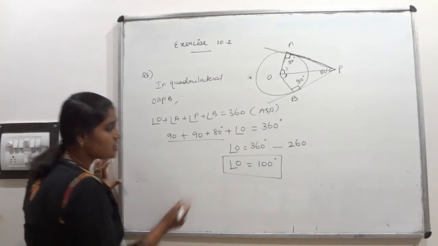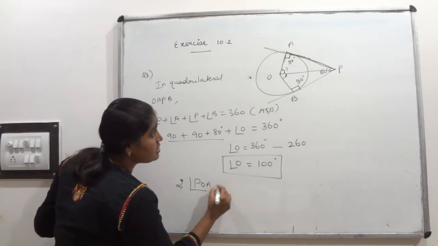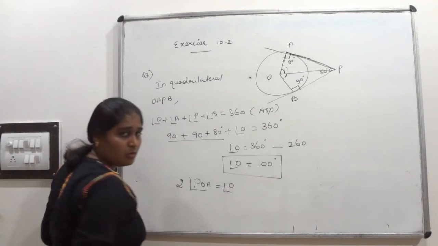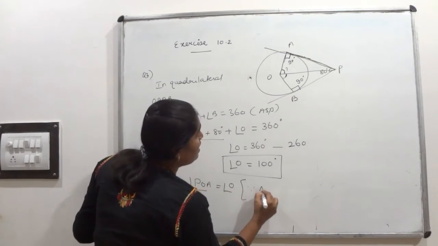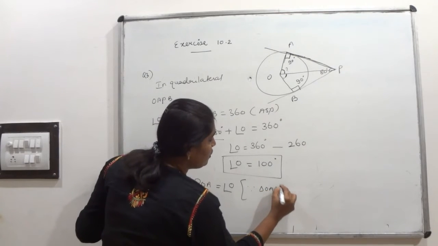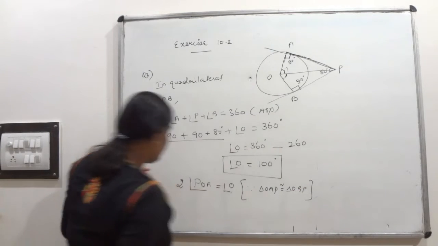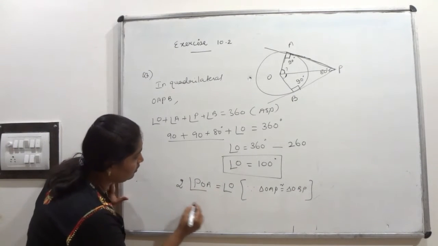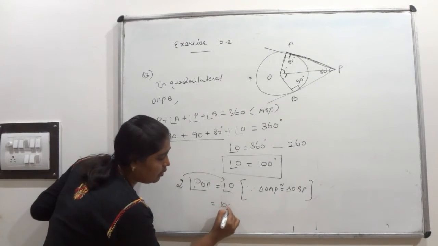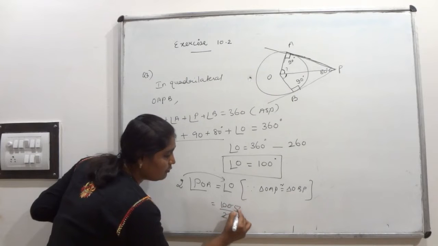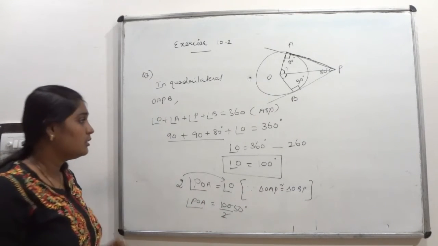So you can look here: 2 times angle POA is equal to angle O, since triangle OAP is congruent to triangle OBP. So the 2 goes outside, divided by 2. So 100 upon 2 is 50 degrees. Angle POA value is 50 degrees.